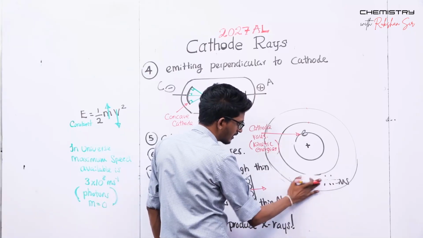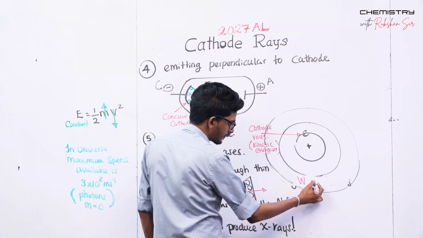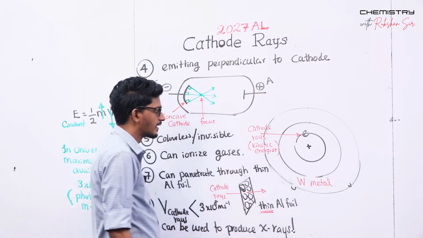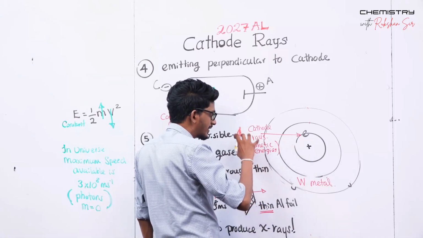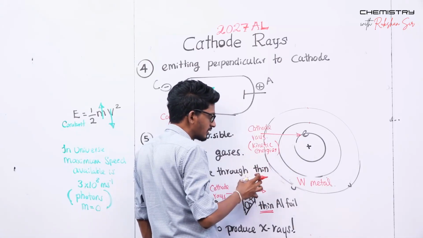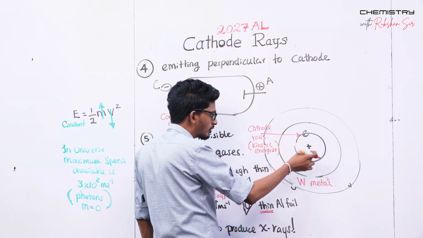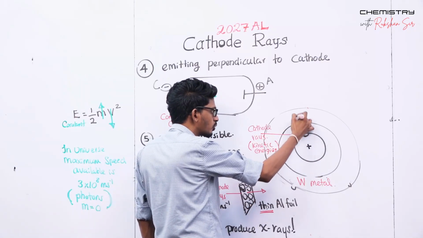Tungsten is the metal used to produce X-rays. When cathode rays hit the tungsten metal, the electrons inside the atoms of tungsten will absorb that energy and go to higher energy levels.